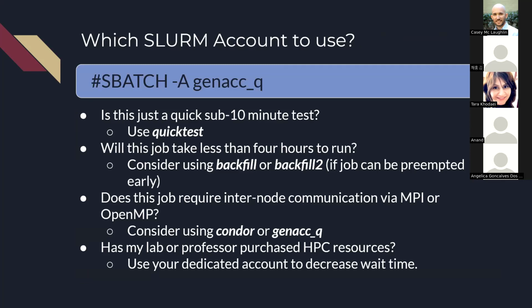Backfill 2 and backfill will take less than 4 hours, but since these are shared with our owner partitions, our owner Slurm accounts, the professors that have paid for it, there is a preemption condition on the backfill one. If an owner or a professor wants to run a node within their partition, your job will get stopped. But it's a trade-off between being able to run on the newer nodes for a short amount of time or seeing how long it would take in general access.